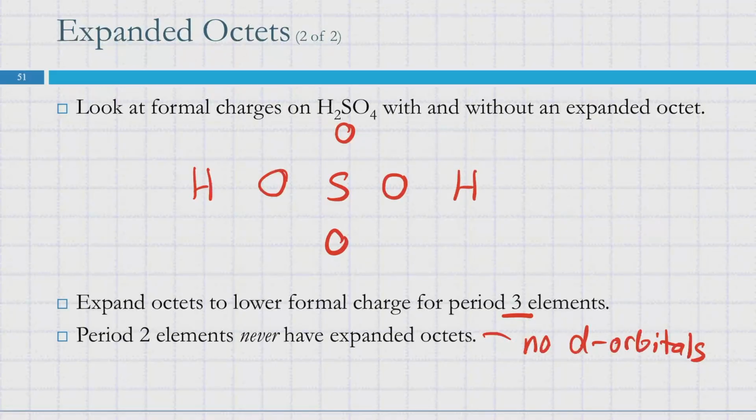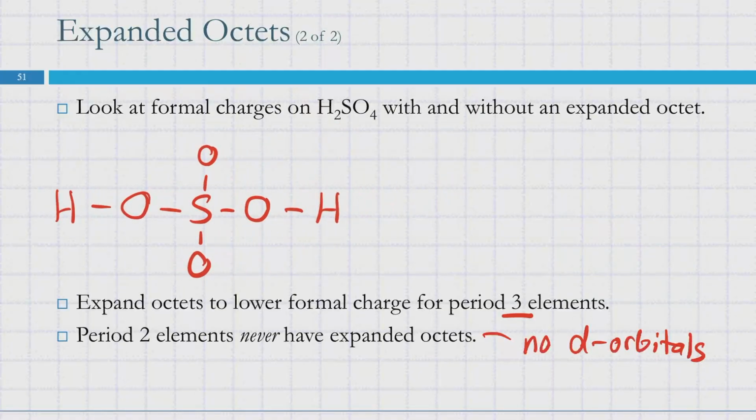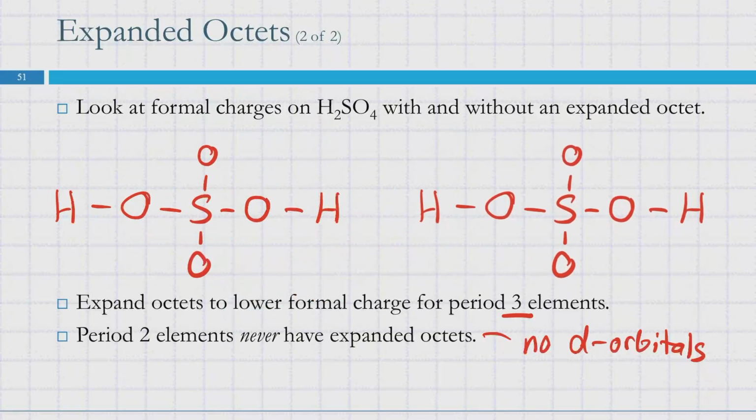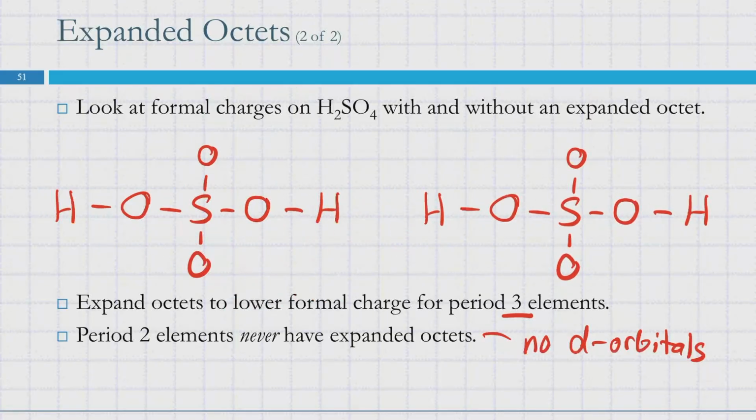This is our skeletal structure for sulfuric acid, H2SO4. We are going to have 32 electrons in both cases, minus 2, 4, 6 bonds.